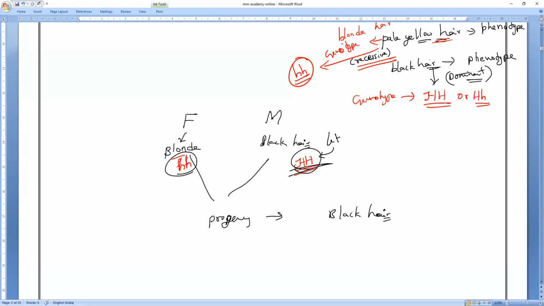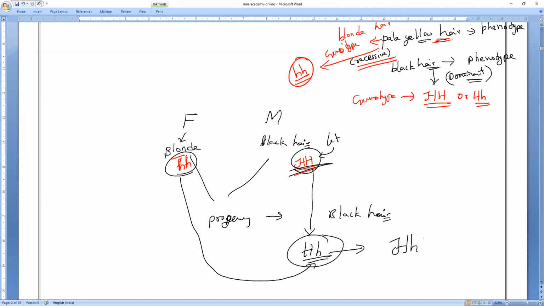During reproduction, the mother transmits one dominant gene, H, and the father sends one gene, small h. So what is the genotype of the baby? 100% the genotype of the baby is capital H, small h. Remember that.